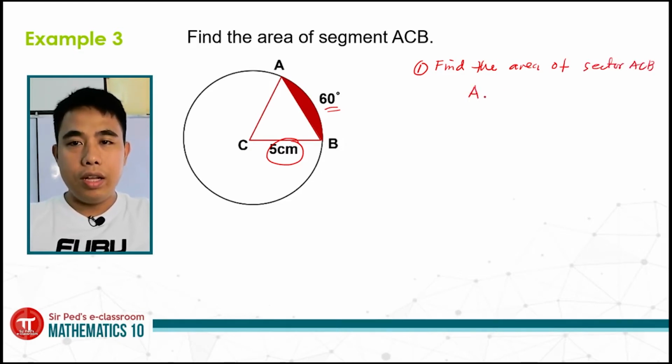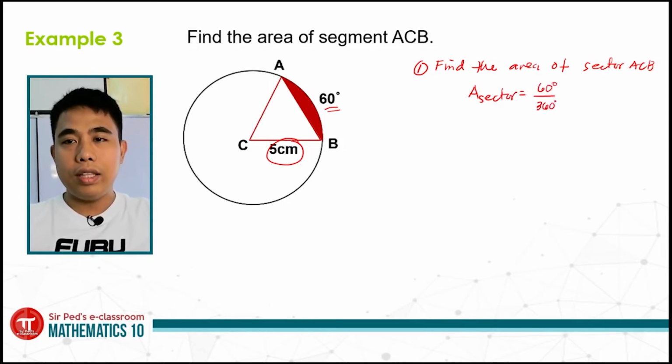So the area of this sector is equal to 60 degrees over 360 degrees times pi times the radius, which is 5 centimeters, so 5 centimeters squared.